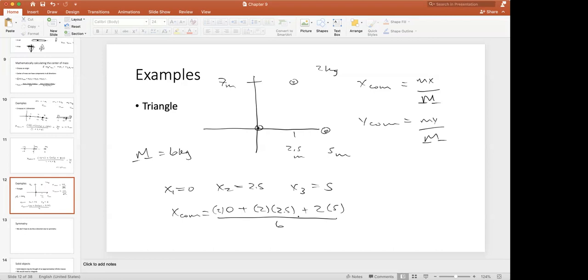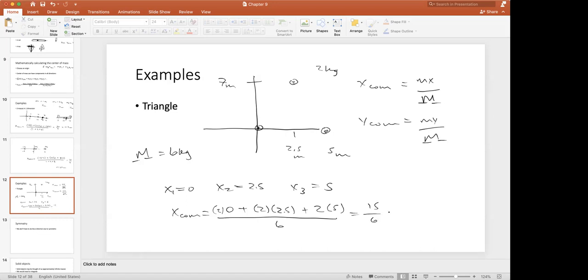What have I got wrong here? 5, 15. Because this should be right at 2.5. I'm sorry, my brain isn't working. 15 divided by 6 is 2.5.